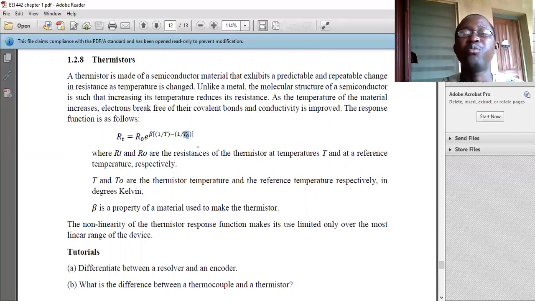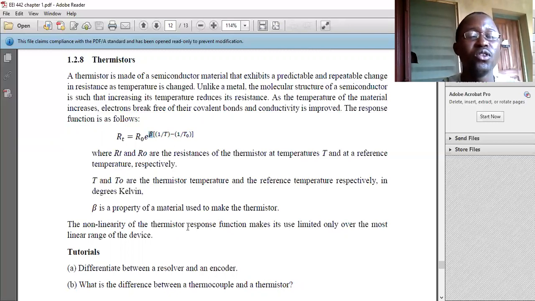T is the temperature at which we are going to take measurements, the temperature that we want to know, whereas T naught is a reference temperature. Both are measured in Kelvin. And beta is a property of the material used to make the thermistor.